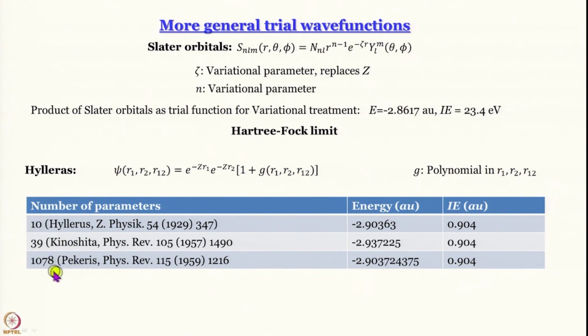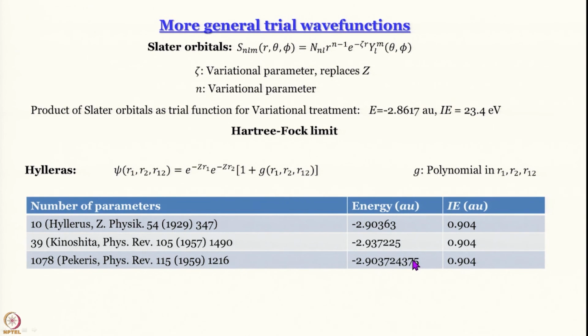You see this huge increase in the number of terms, and the improvement is there, right, minus 2.903. I think I missed a 0 here, I am sorry about that. It is not minus 2.937225, it is minus 2.9037225. Okay. So, you get something like this.